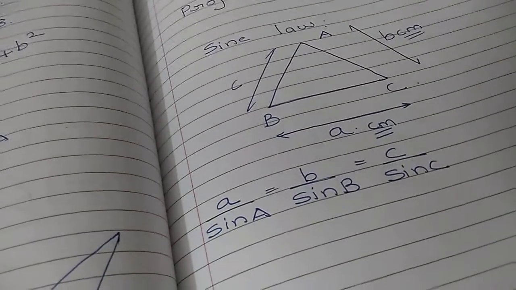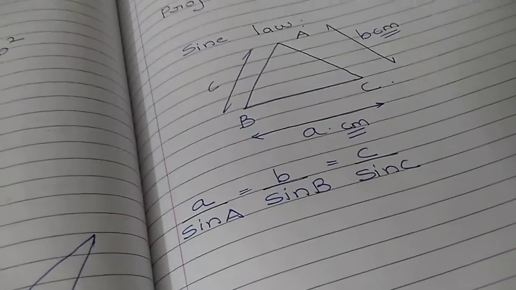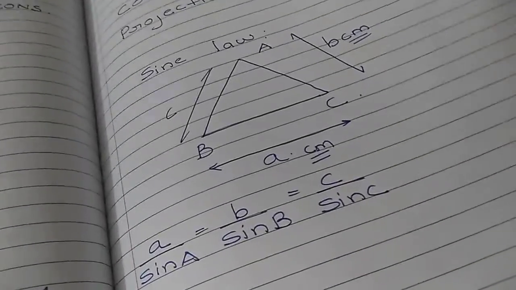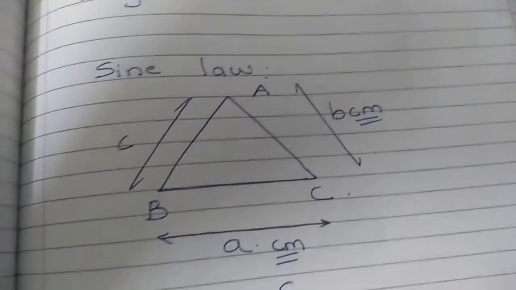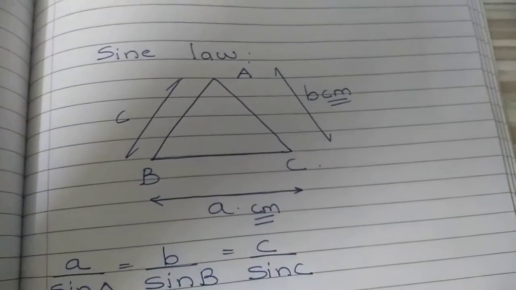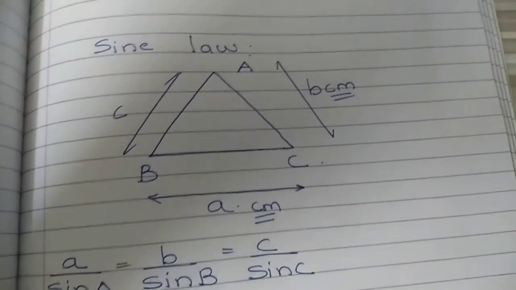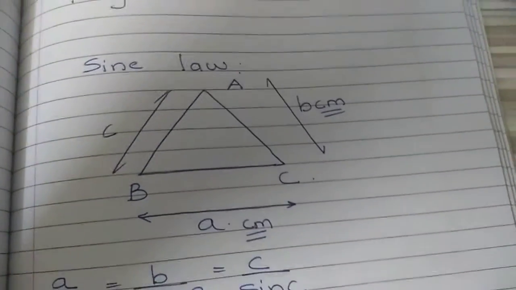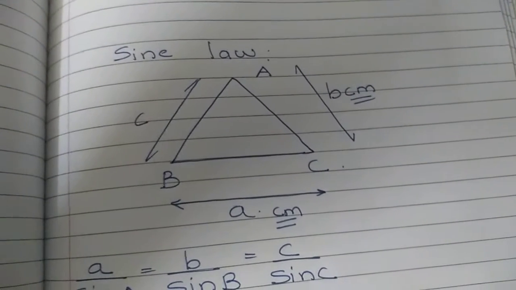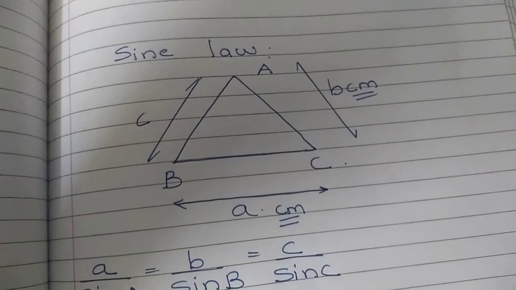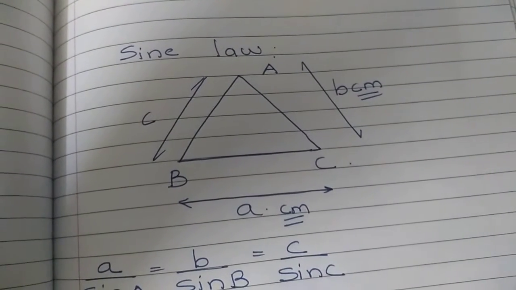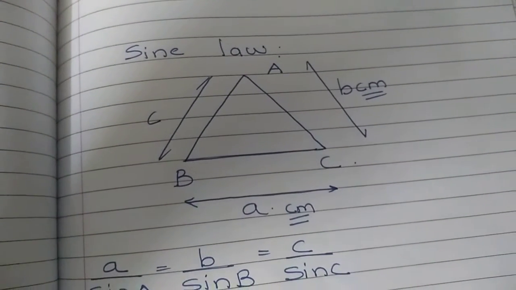So what does the sine law say? It says that if you have an acute angle triangle, the triangle ABC here is an acute angle triangle with three sides whose measurements are A, B, and C. The thing which needs to be really observed is that the side name corresponds to the angle name.